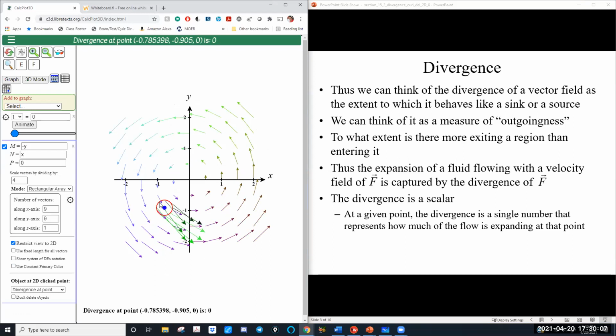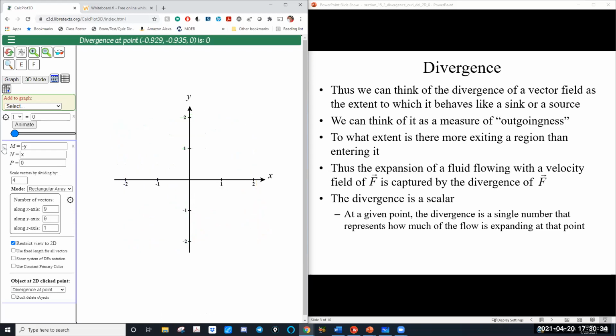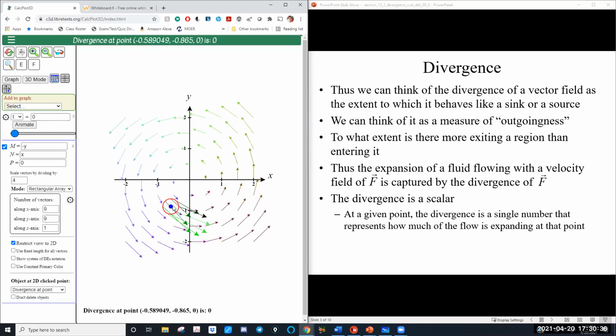And you can see some of these areas on the opposite side actually kind of go through it. So that would be a bit of a sink there. Whereas these ones that are on the radius and pushing away are representative of a source. Now, as I move this point around, we can see the divergence decreases and the divergence increases. Let's reset that. Okay.